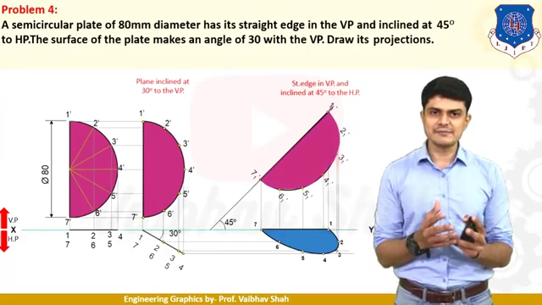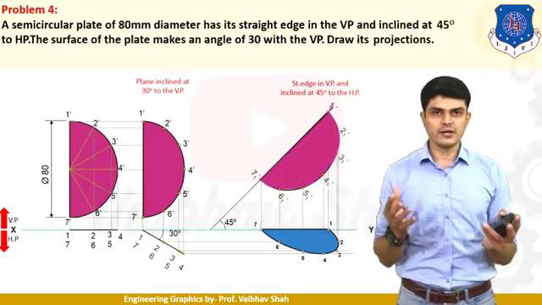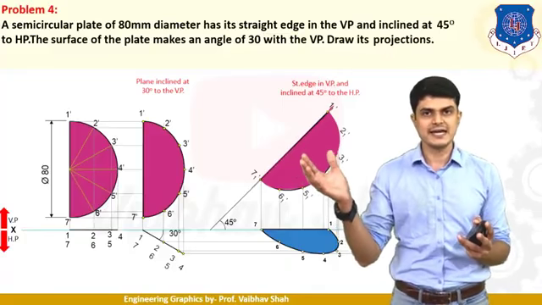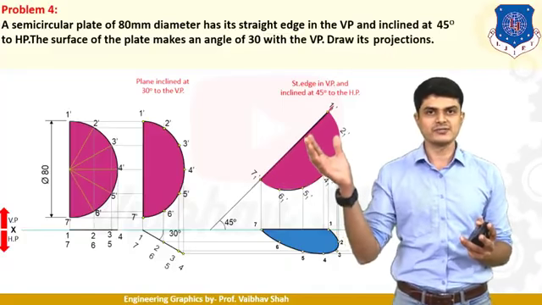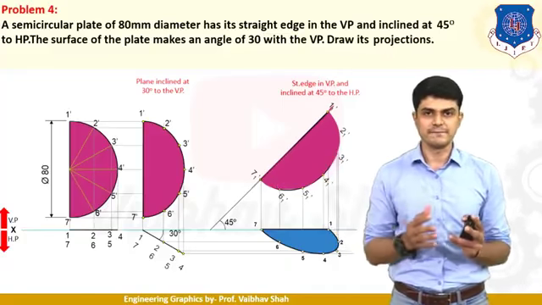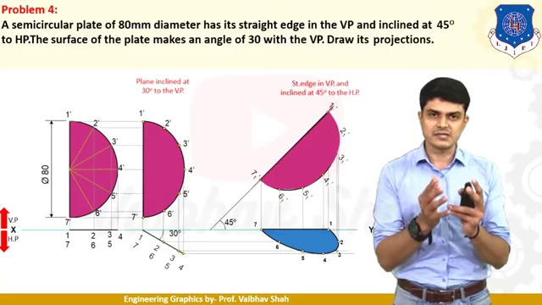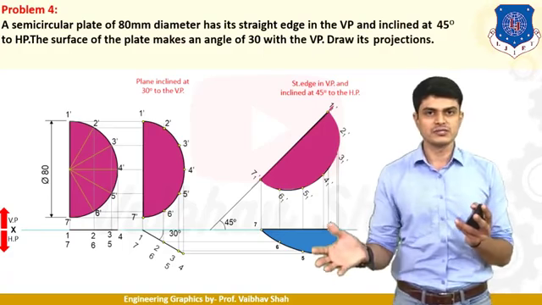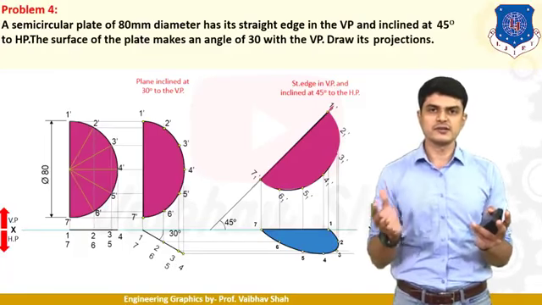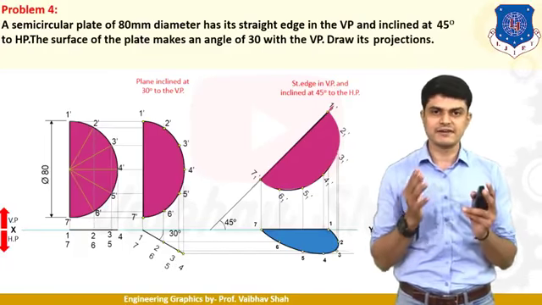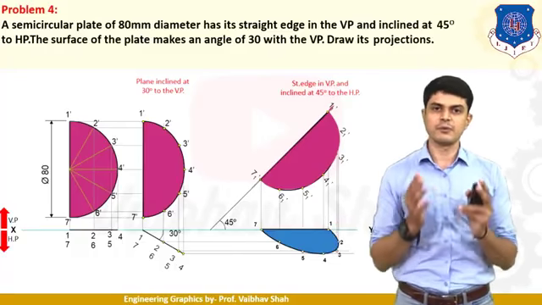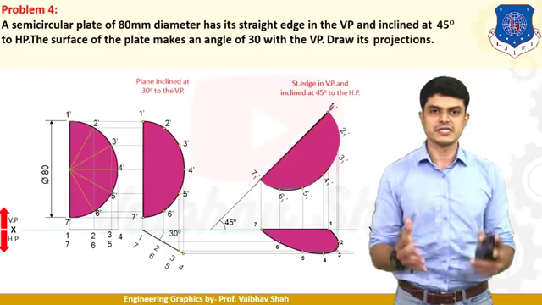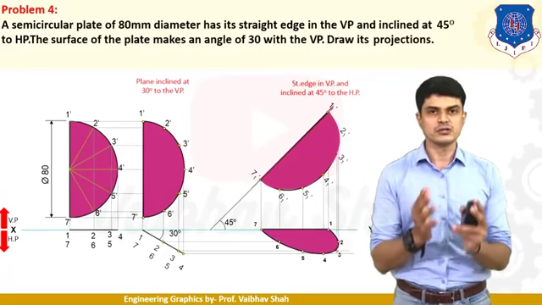What we have done is we have just redrawn the semicircle from your second stage into the third stage by keeping this 1 dash 7 dash, or your longer edge, at 45 degree. After getting this semicircle, what we need to do is very simple. We need to generate this top view in the third stage, right? So we need to just draw vertical lines from each and every point and horizontal lines from your previous inclined line. We can have this shape generated, which is nothing but your final view in your third stage.